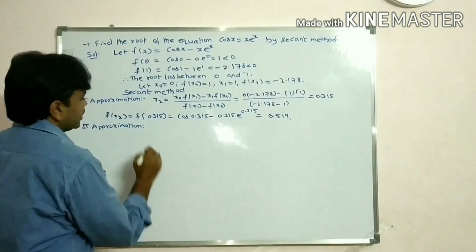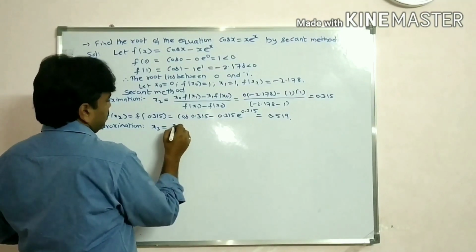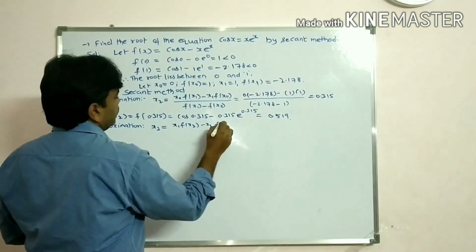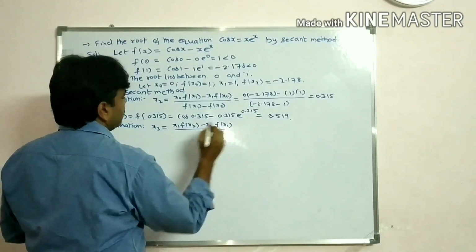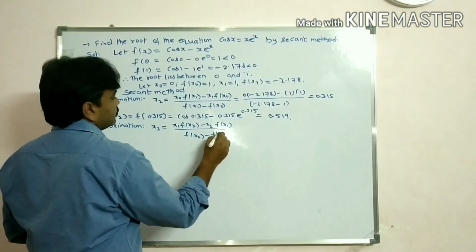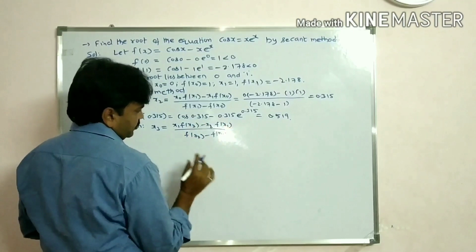So second approximation. What is the formula, students? x3 is equal to x1 f(x2) minus x2 f(x1) divided by f(x2) minus f(x1). We can write the denominator blindly, students, because f(x2) minus f(x1).